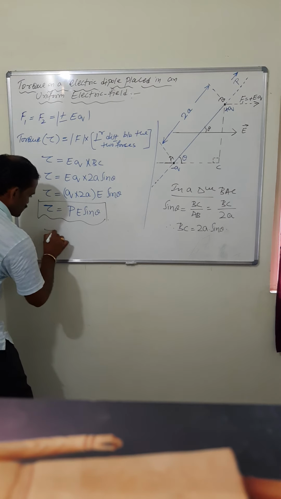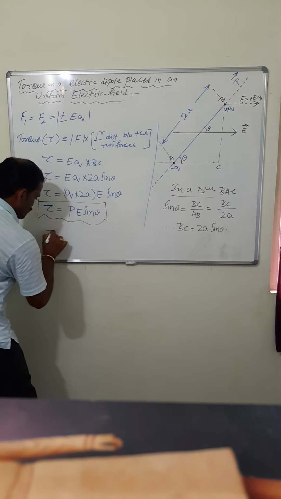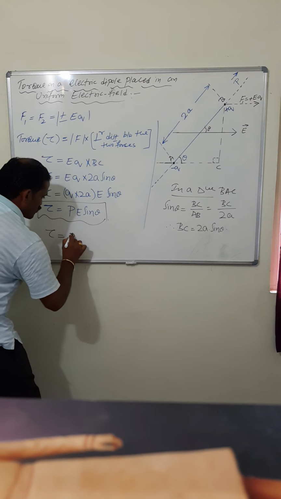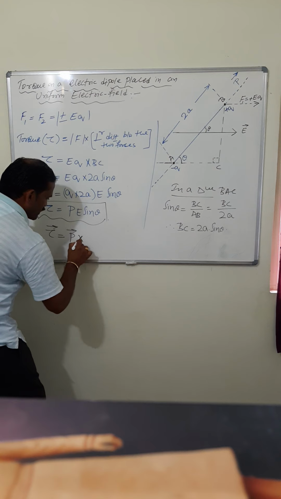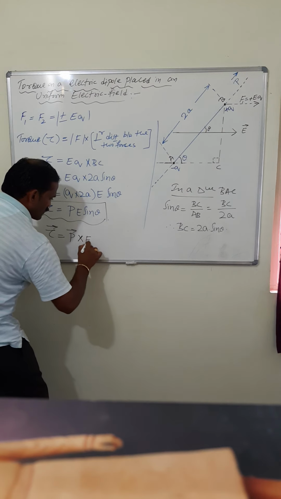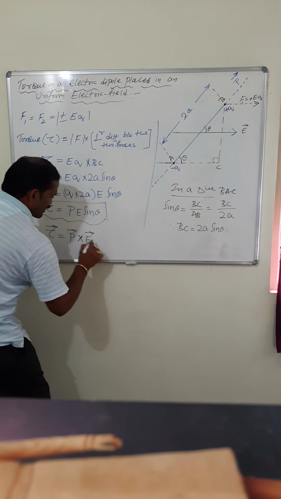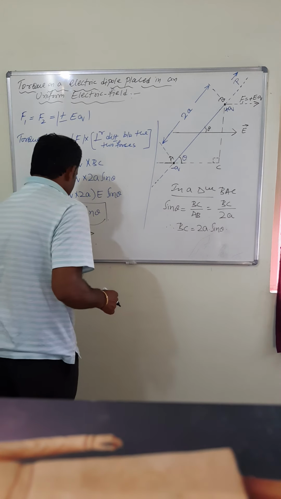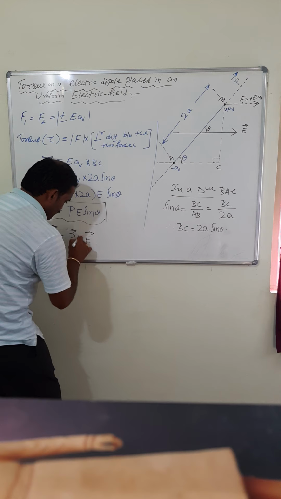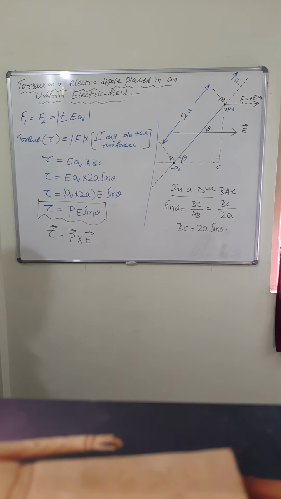This can also be written as torque tau is equal to vector P cross E vector. This is the vector form. Please copy the things. This is the complete derivation of torque on a dipole placed in a uniform electric field.